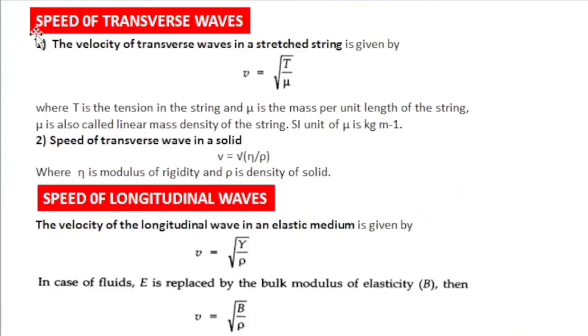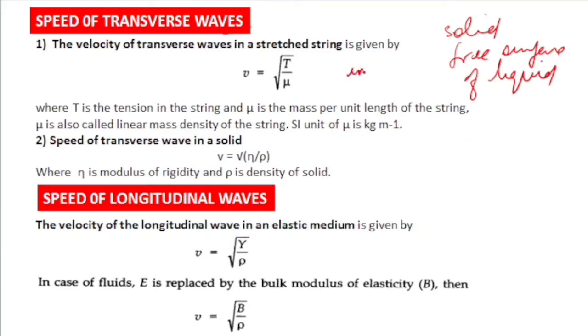Now after this, I'm going to find the speed of transverse and longitudinal waves in different types of medium. You know a transverse wave can only travel through solids and on the free surface of a liquid, right? And the wave velocity through a medium depends on two factors: one is inertia and the other is elasticity, right?